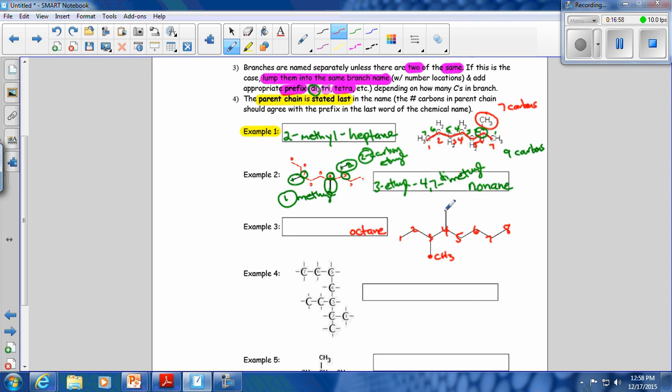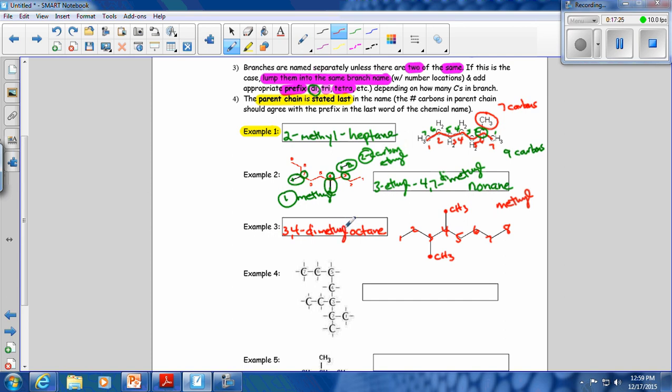So if we take a look, identify the location of where the CH3s are, or the methyl groups are. We've got 3, 4. So we've got 3, comma 4. And because we have 2 methyl groups, we're going to go with a dimethyl octane.